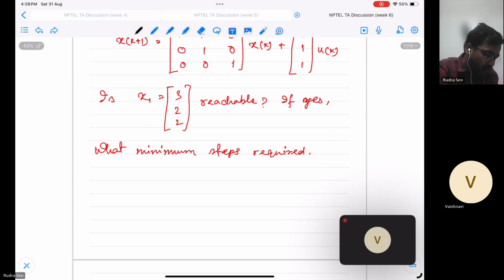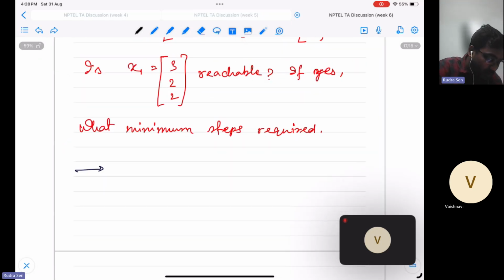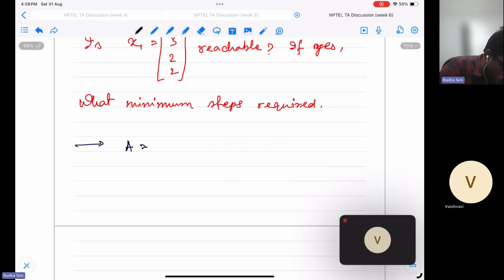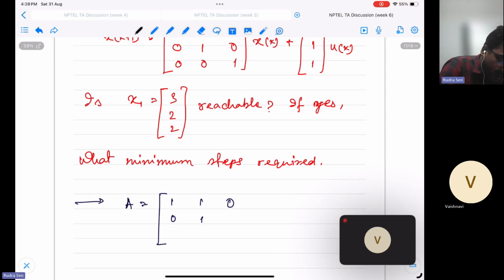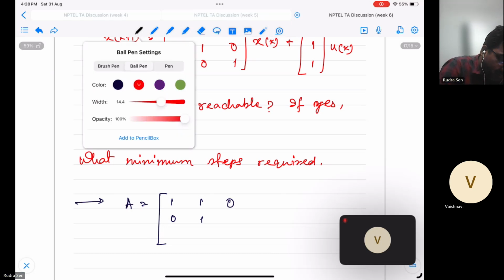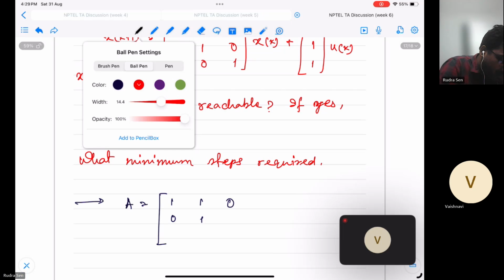So first, what should we do? We first check whether the system is controllable or not. The initial state x0, let's say 0 0 0, is given.